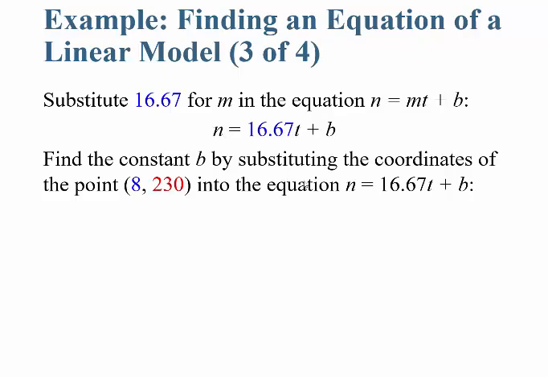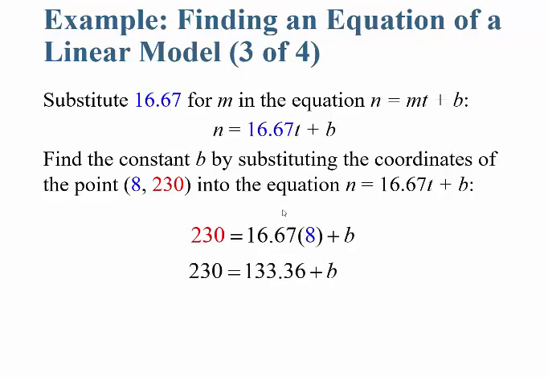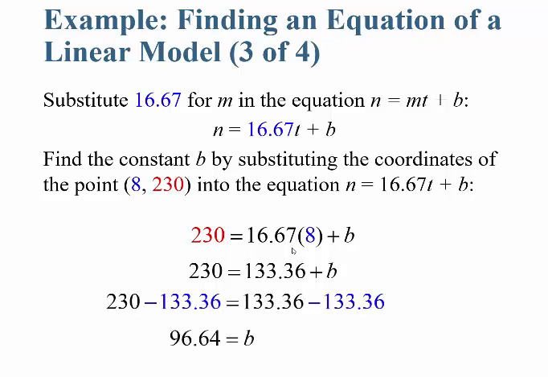I want to find the constant b by substituting the coordinates of the first point, 8 comma 230, into this equation. So 230 is going to go in for N, and 8 is going to go in for T. Now you multiply here and get basically 133.36. You subtract it over to the other side and you get 96.64 is equal to b.